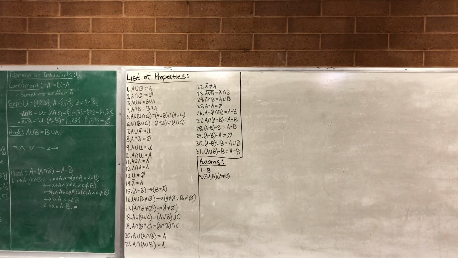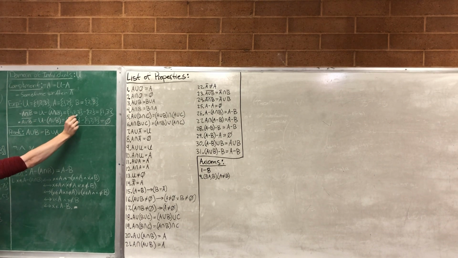So, a quick example. If our universe of objects is the set 1, 2, 3, that's the universe that we care about, and A is the set 1, 2, and B is the set 2, 3, then the complement of the whole set A intersect B is our universe minus the set A intersect B. Our universe was 1, 2, 3.